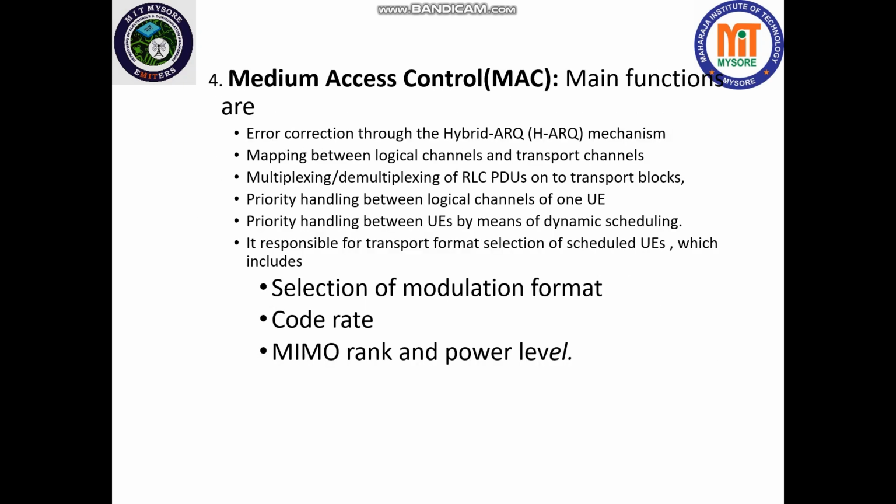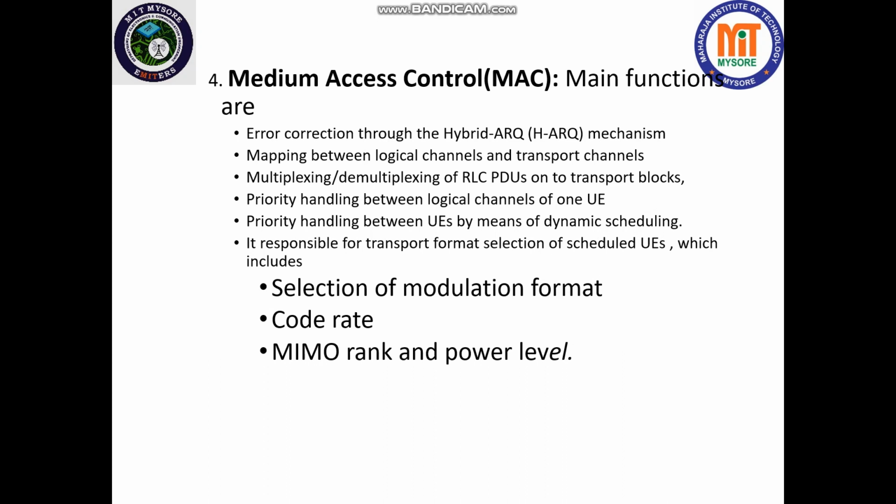Next one is medium access control or MAC. Main functions of this MAC layer are error correction through the hybrid ARQ mechanism, mapping between logical channels and transport channels, multiplexing or demultiplexing of RLC PDUs onto transport blocks, priority handling between logical channels of one user equipment, and priority handling between user equipments by means of dynamic scheduling.